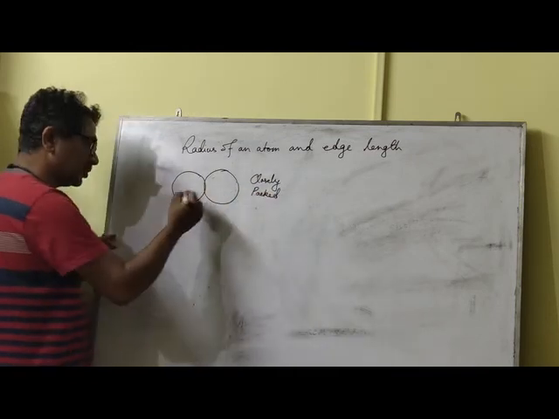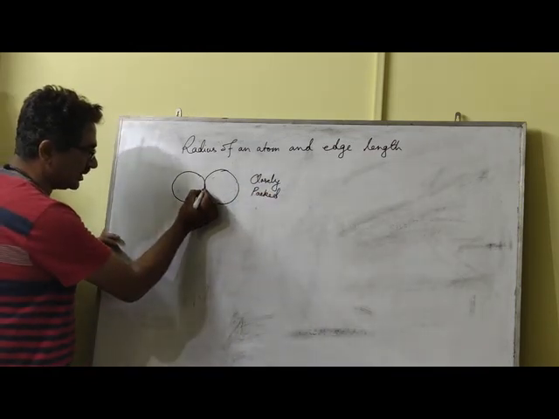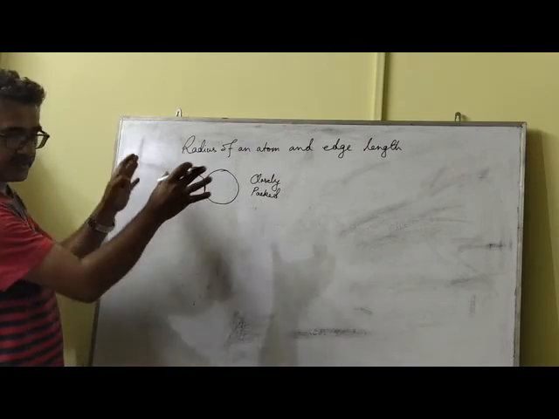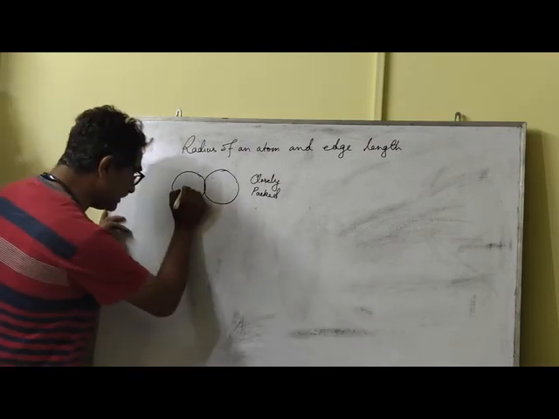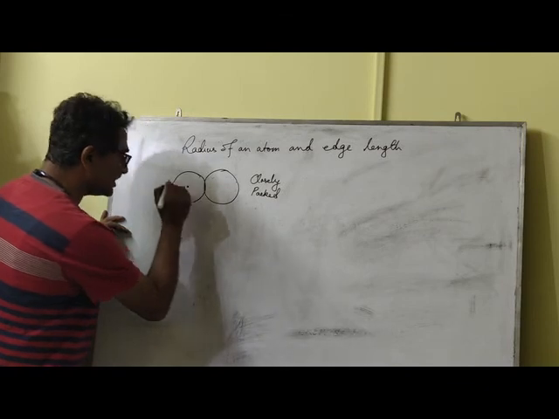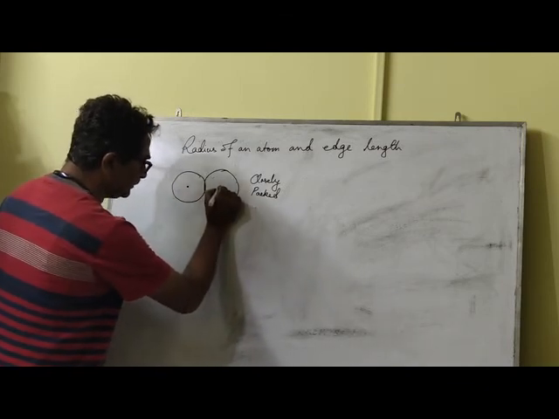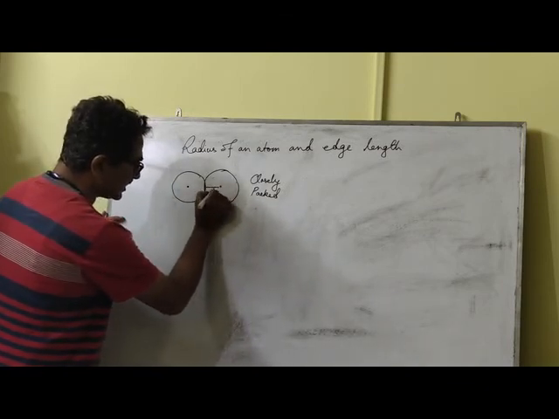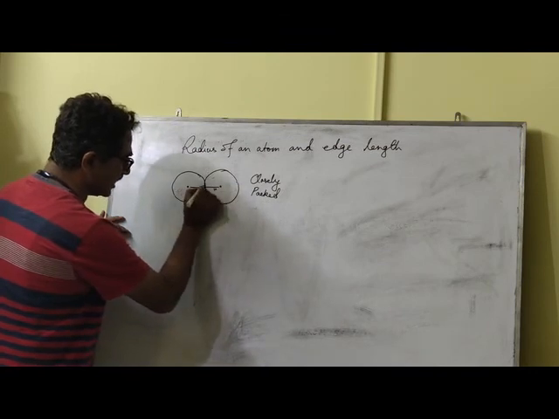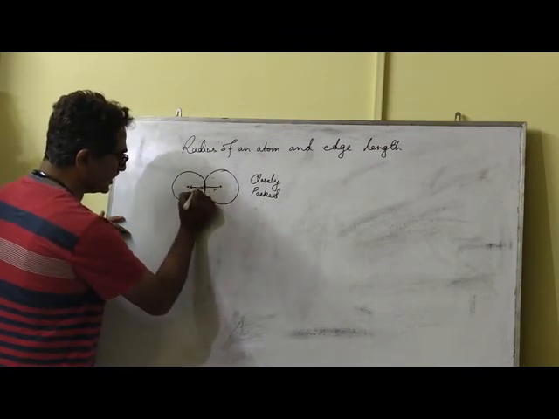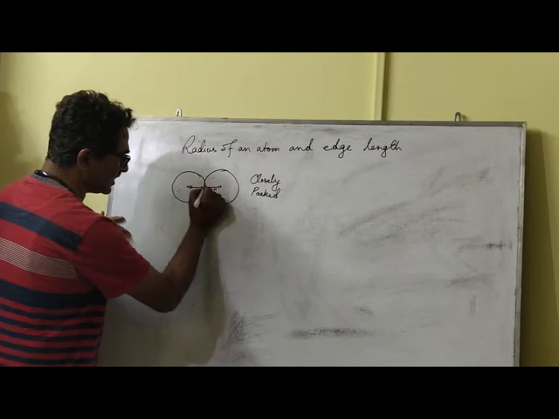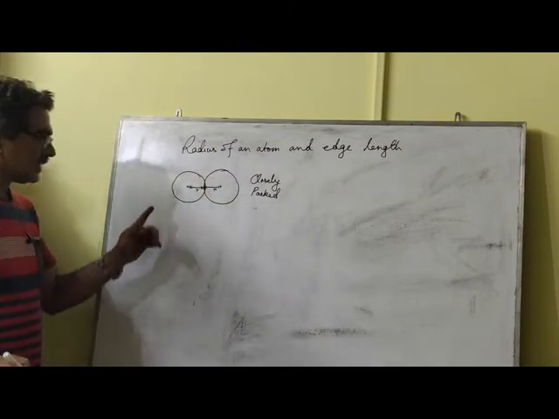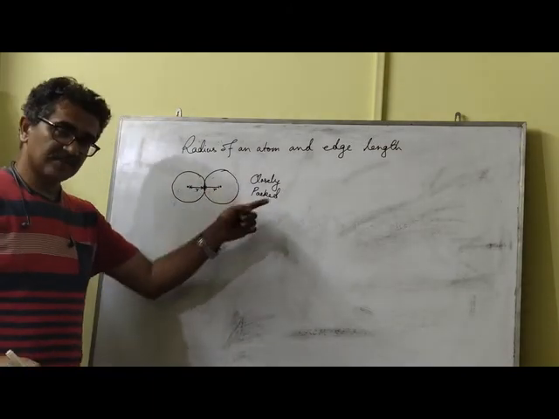When I say closely packed, there is hardly any space between these two atoms. And if this is the center or the nucleus of the atom, this distance is r. That means from here to here the distance is r, from here to here the distance is r. So that's the radius of this particular atom.